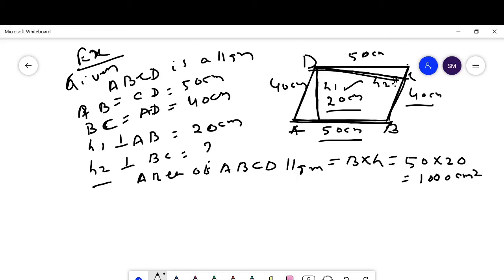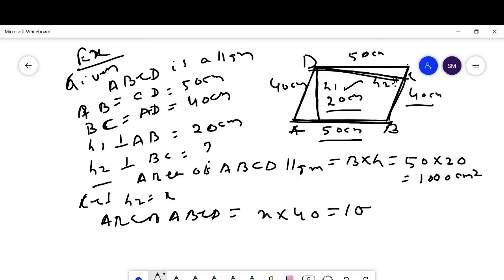Then when you consider the base as BC, let H2 be X. Then the area of ABCD is equal to X into 40, which is equal to 1000 centimeter square.